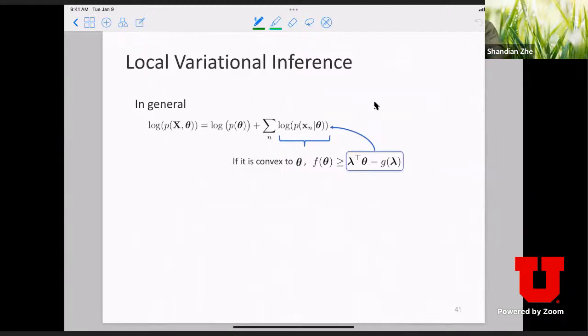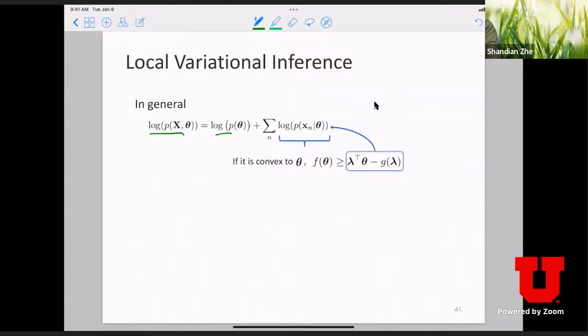Let us look at some examples. If we have a joint distribution over a random variable theta and the observed data x, in general we have some structure: the log joint probability can be decomposed as log prior plus the summation over the data points of the log likelihood.